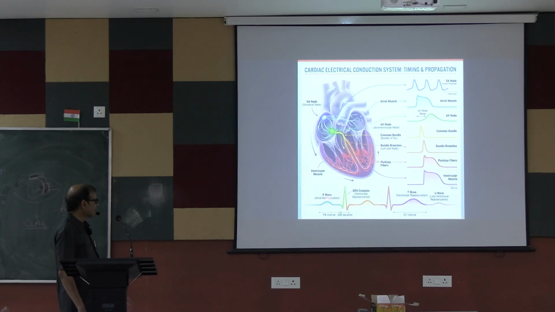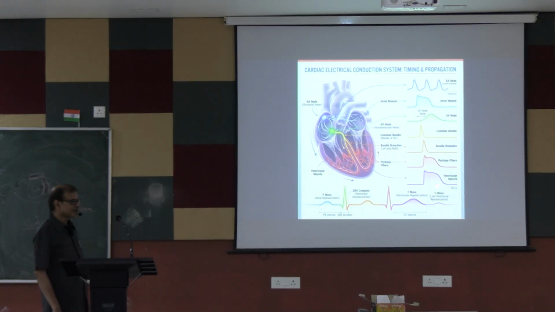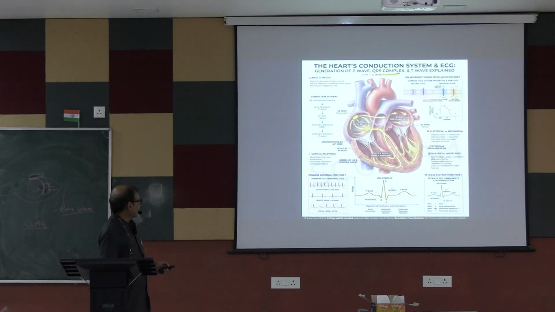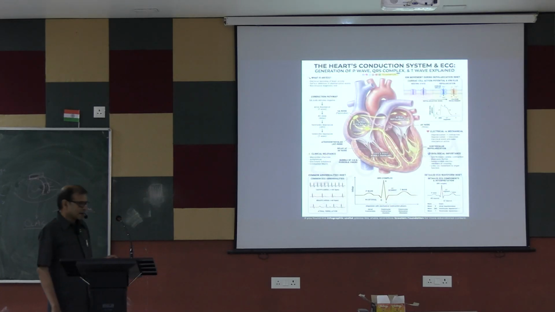P wave, atrial depolarization; PR interval, onset of P to onset of the QRS complex; QRS, ventricular depolarization; T wave, ventricular repolarization; and U wave, again ventricular repolarization. This is the total summary of the physiologic basis of electrical impulse.